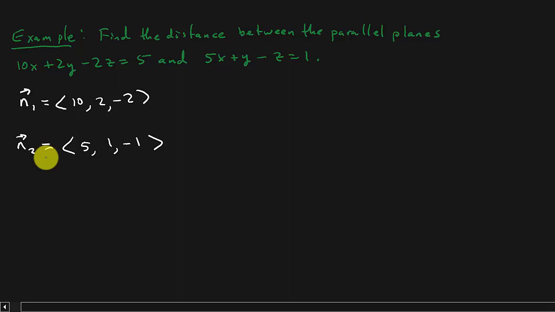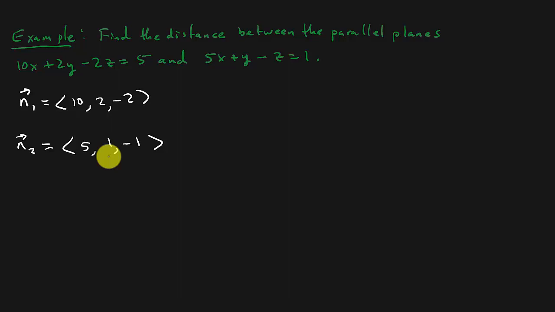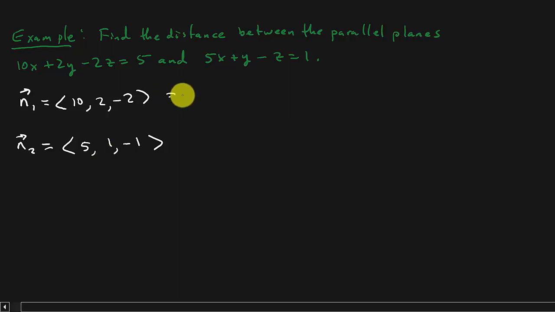We can show that easily with the cross product, and if the cross product is equal to 0, they're parallel. Another thing we can do: if I factor out a 2, I get 5, 1, negative 1. It's a scalar multiple of this one, so that tells us they're parallel also.